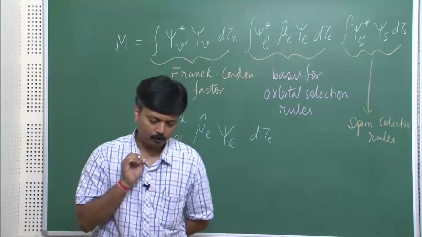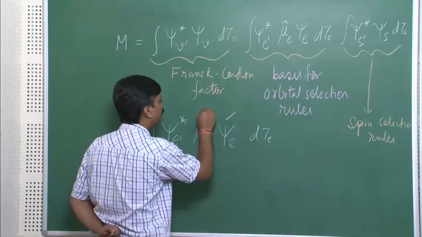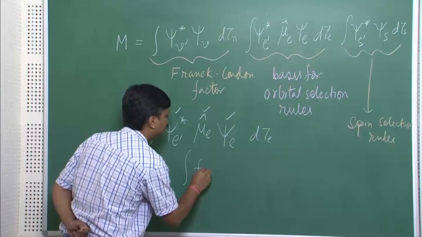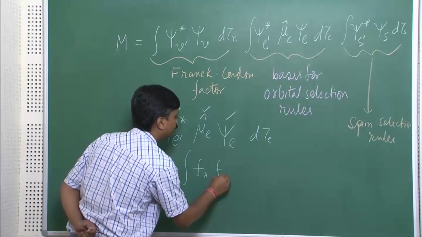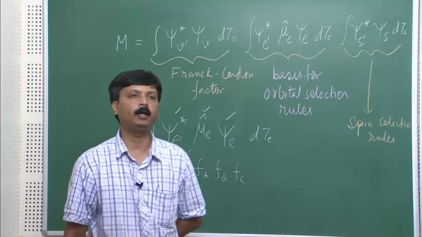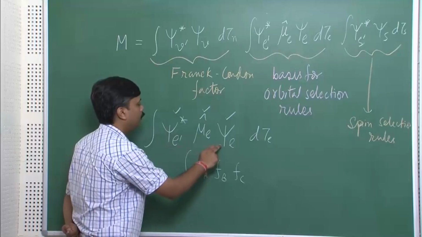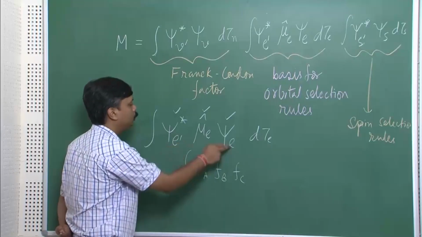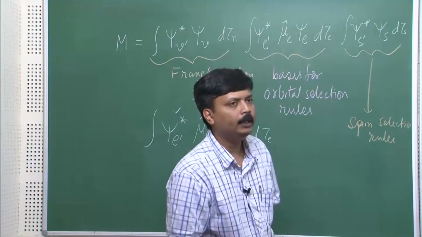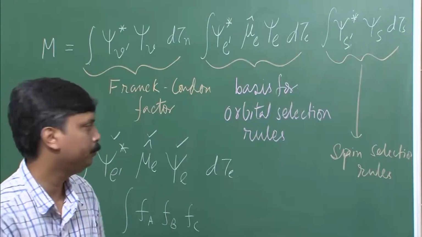One has to look at the symmetries of each of these functions. The situation is very similar to when I have three different functions and I'm trying to find the value of the integral. Here I know that these two wave functions and the operator all individually transform according to one of the IRs of the point group for the molecule.